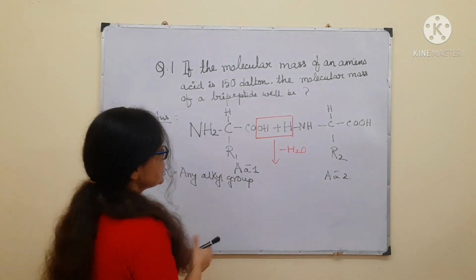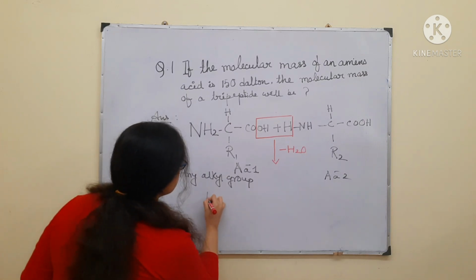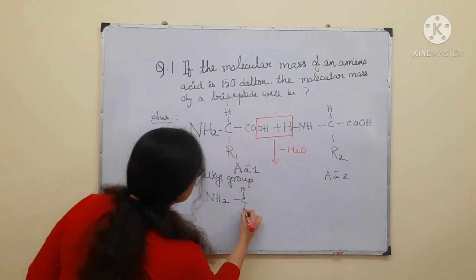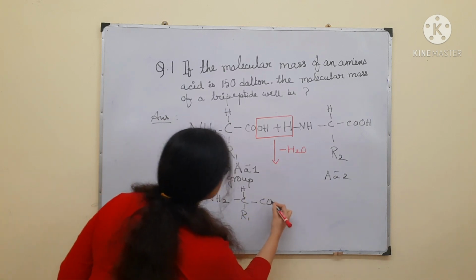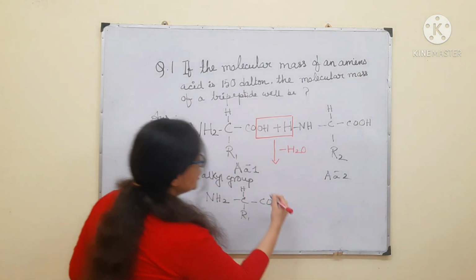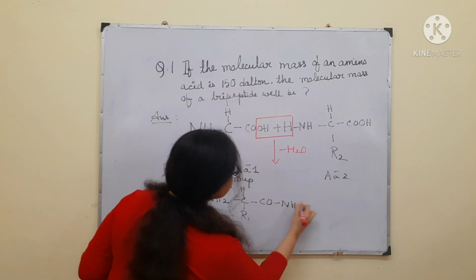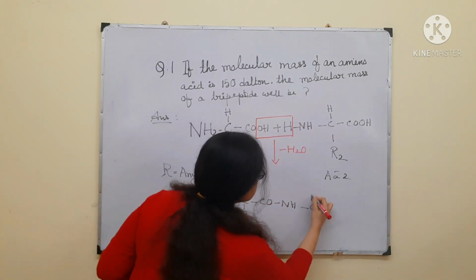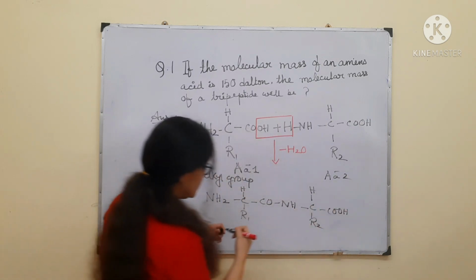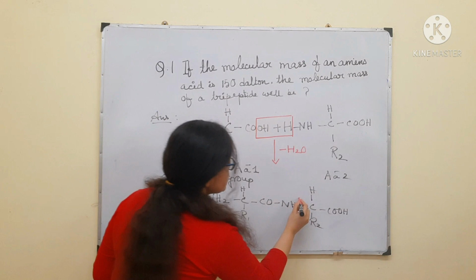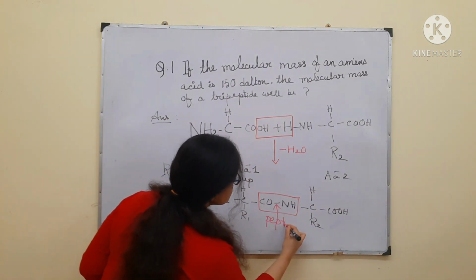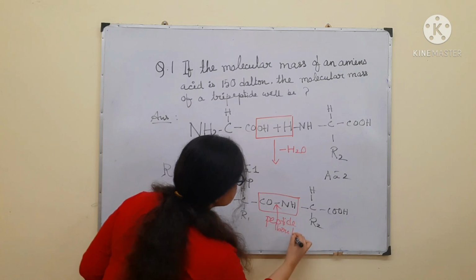So, let me just draw the structure once again, that after the formation of a peptide bond, how does it look like? See, this OH and H has been removed. So the bond is CO, then the remaining one, that is NH, then CH, R2, COOH. So this is the peptide bond.